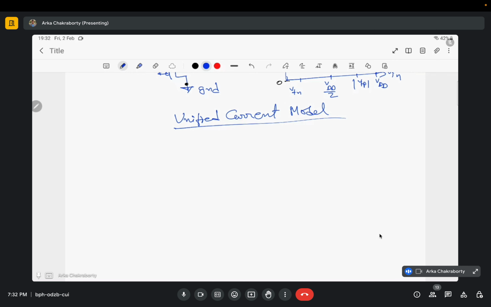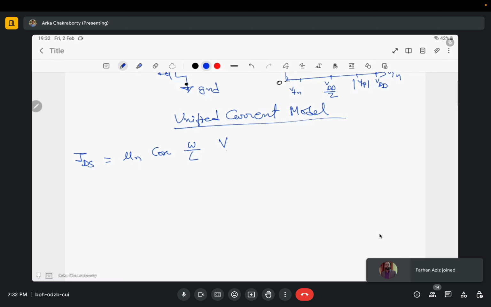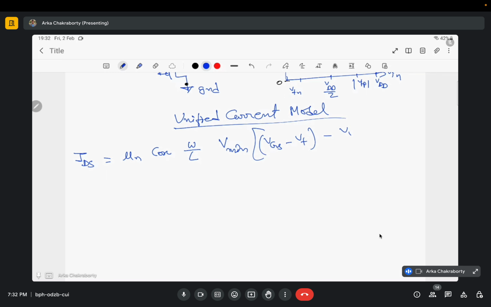I said it is nothing, they are just incorporating all 3 current equations of a MOSFET into a single equation. This is called the unified current model, and the equation for NMOS in the unified current model is mu n Cox W by L times V min times (VGS minus VT minus V min by 2) into (1 plus lambda VDS).